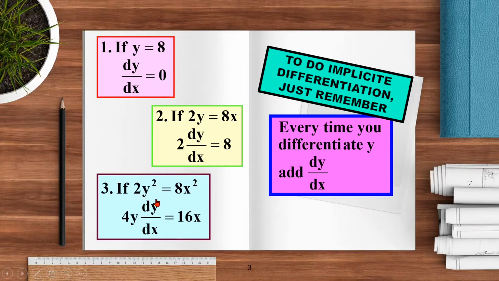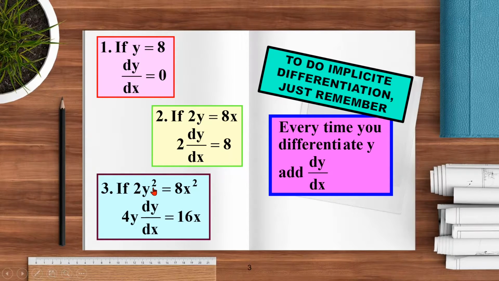Now, for a question like this, let's say I increase it a bit more: when I differentiate 2y squared, it's just like I differentiate 8x squared. So how does it work? When I differentiate 8x squared, the 2 will multiply to the front, so it will be 8 times 2, 16, and index minus 1, so it's 2 minus 1.